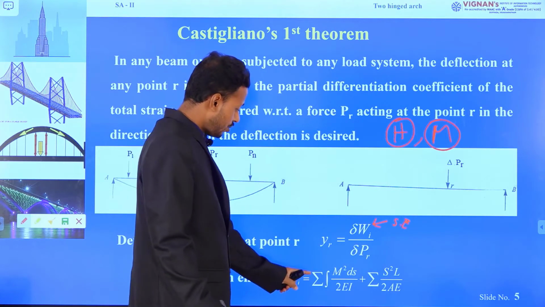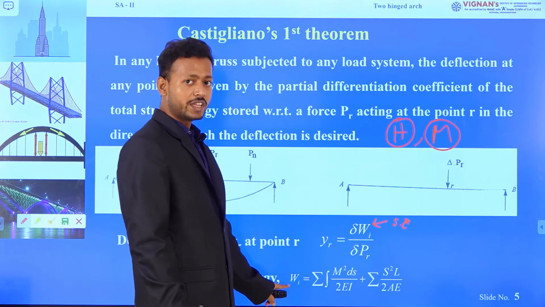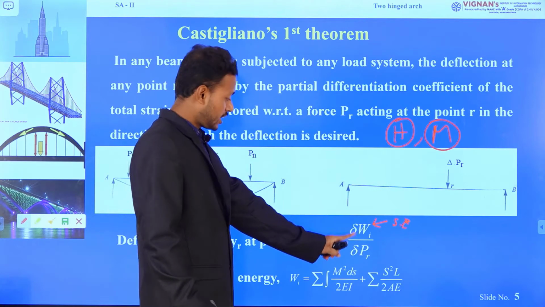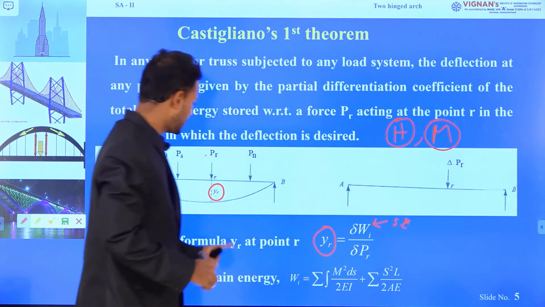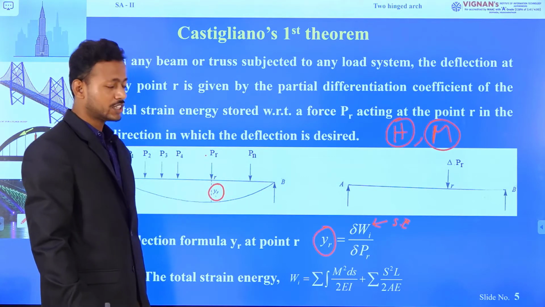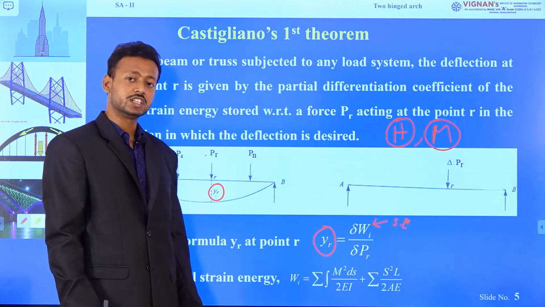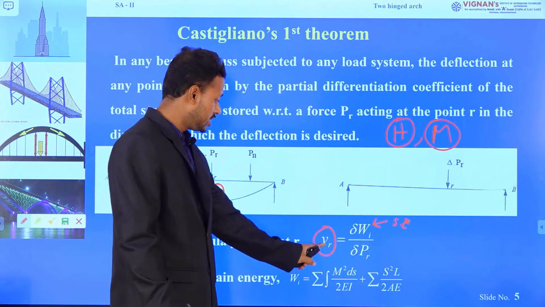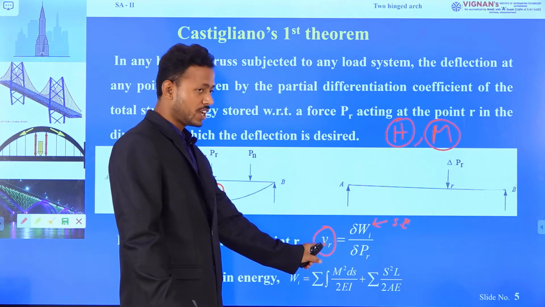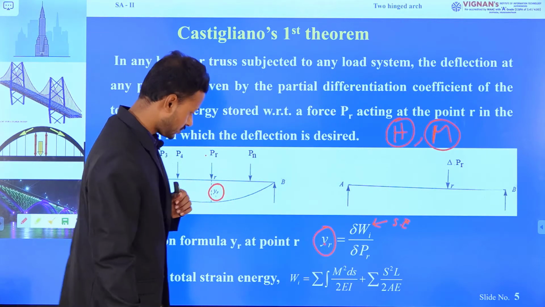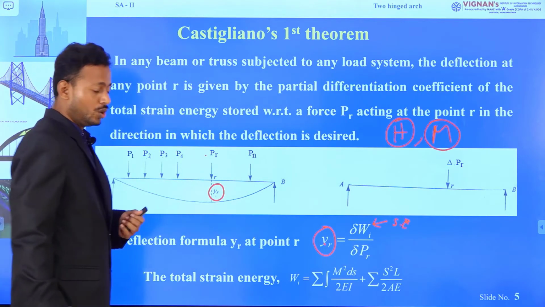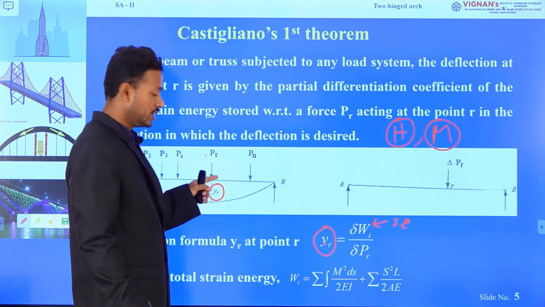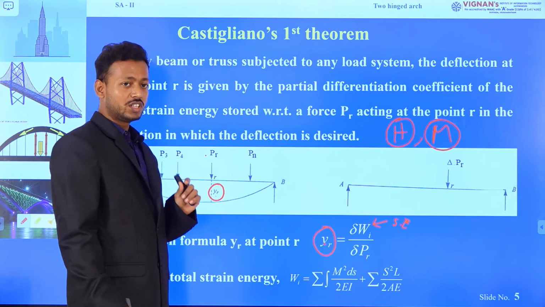Here we can put the value of Wi in this expression and derive the function, and we will get the deflection at point r. First we will evaluate the strain energy, then we will differentiate the strain energy and we will get the deflection at point r. Again I am repeating, to evaluate the deflection at point r due to load P, we have to find the strain energy.